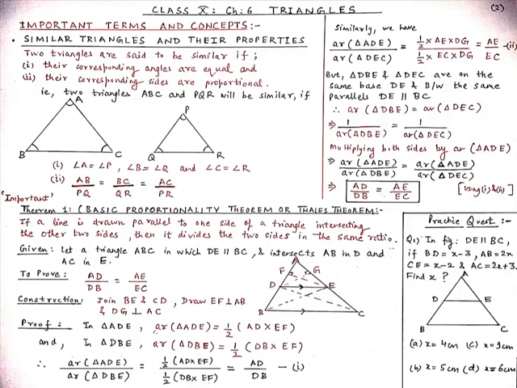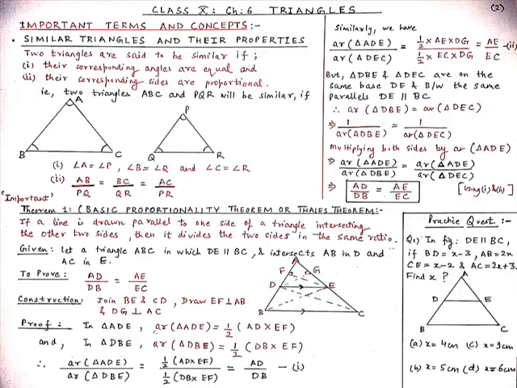First we will consider triangle ADE, in which the area of triangle ADE is equal to half base into height. Here, base is AD and its corresponding height or altitude is EF. Therefore, students, area of triangle ADE is equal to half AD into EF.